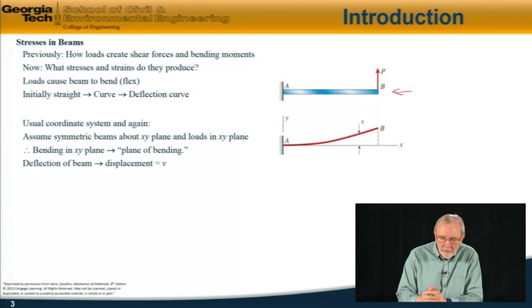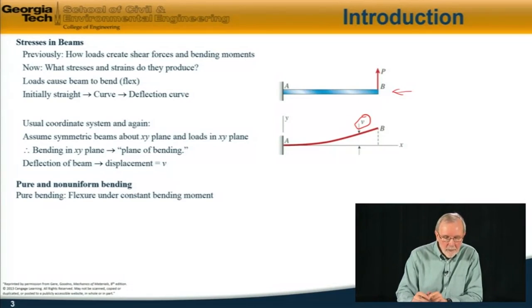The deflection of the beam, or the displacement, we denote by convention by v in the y direction. And we will be looking at cases of pure and non-uniform bending. Pure bending refers to flexure or bending under a constant bending moment.